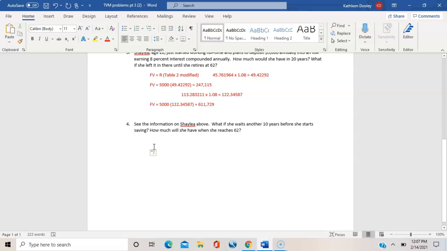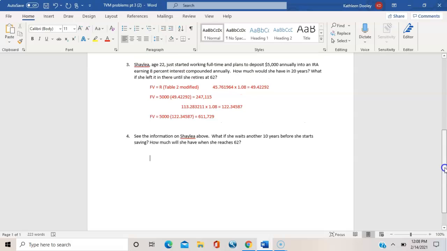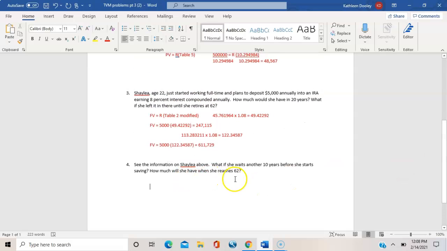Okay. Here we go with the fourth one. If she waited 10 years before she starts saving, how much will she have when she reaches 62? So that is 30 years as well. And so that would end up being the 611,729.